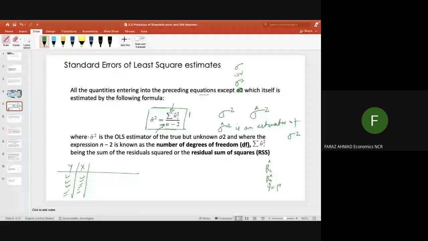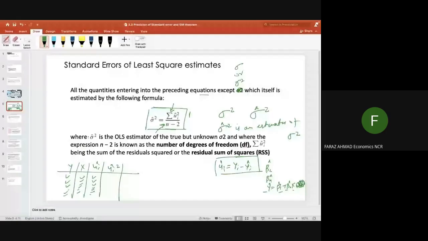Beta 1 hat plus beta 2 hat x. When you have beta 1 hat, beta 2 hat, and x, you can get y hat. And when you have y hat, you can get u hat, because u hat is yi minus yi hat, right?